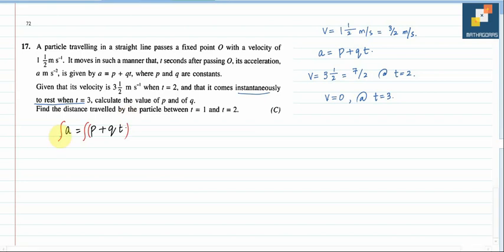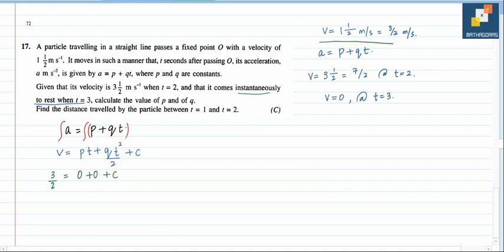So when you integrate the acceleration you will get velocity equals the integral of p, which is pt, plus q times the integral of t, which is t square divided by 2, and the constant c we need to introduce here. Firstly we need to find the value of c, and you have the condition that when the velocity is 3/2, the value of time is 0.